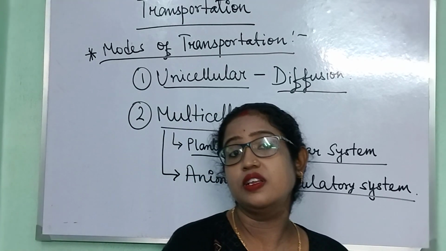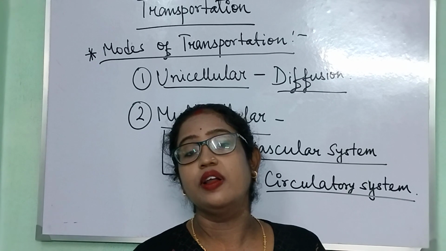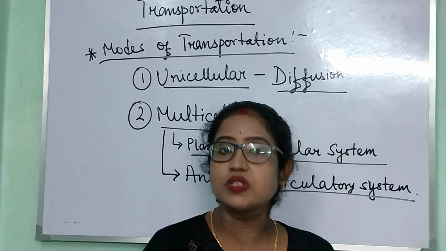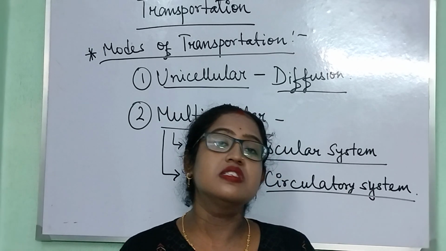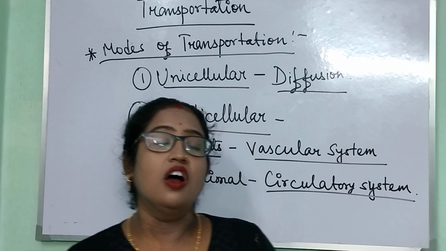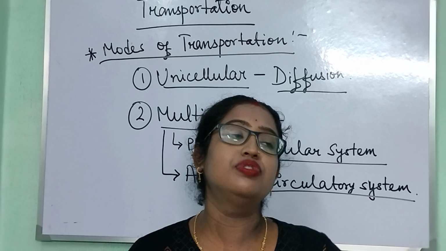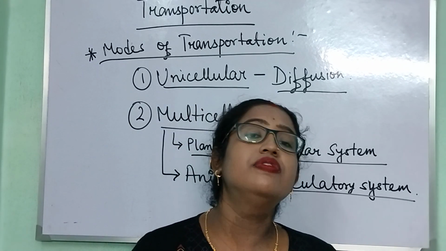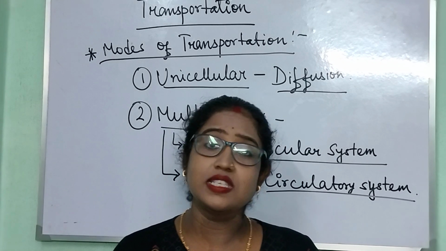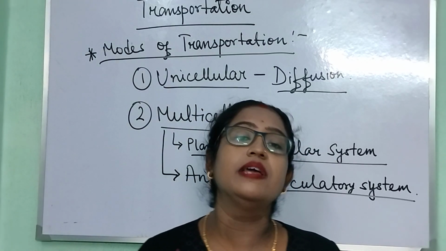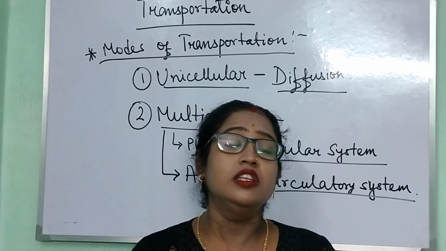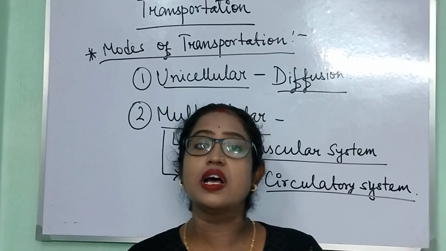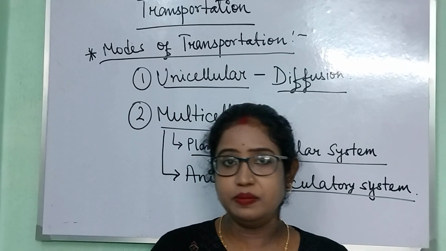Some of the multicellular animals have a closed type of circulatory system, meaning the circulatory medium moves through closed vessels, whereas some multicellular animals have an open type of circulatory system. They don't have any vessels in their body to transport the circulatory medium.